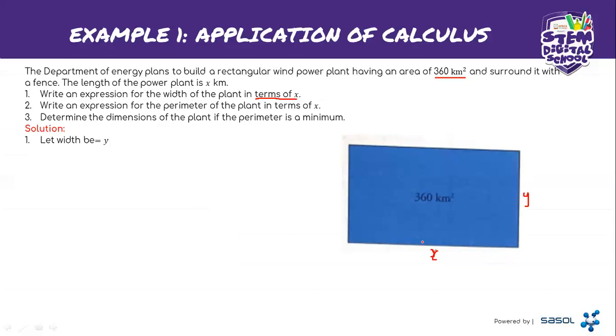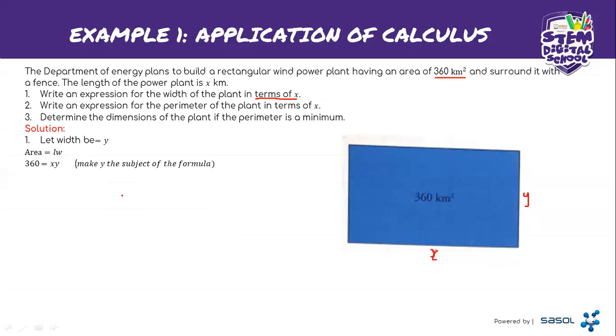The formula for the area of a rectangle: you start with area equals length times breadth, or area equals length times width. Okay. Then the next step, since we are having the area, like I said, for you to be able to answer the first question, it will depend on the scenario.